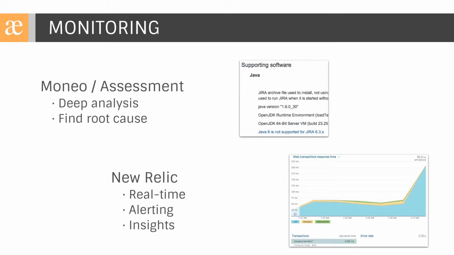Still, with the Atlassian applications, it's a really wide tech stack. There's a lot of different technologies. There's a lot of different areas for bottlenecks to sneak in there and cause performance issues. So the first thing that I wanted to talk about is Moneo, which is a technology that we've put together for assessing application servers at the server level, as well as at the JVM level, and then the individual Atlassian application level.